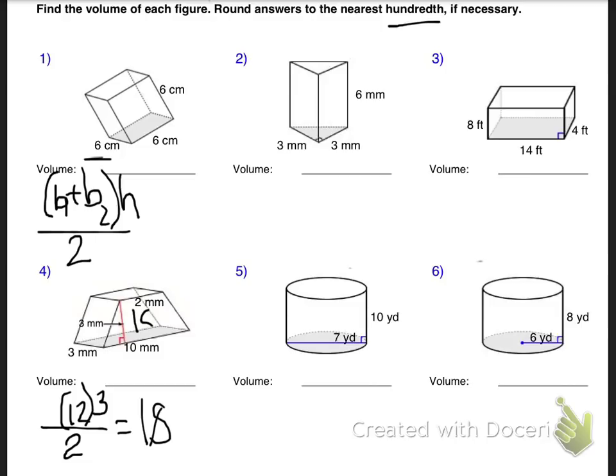So the area of this trapezoid is 18 square millimeters. Now I'm going to multiply that by how far I've stretched it back this way, which is another 3 millimeters. So I'm going to multiply my 18 times 3 to get the entire thing, and 18 times 3 is 54 cubic millimeters.